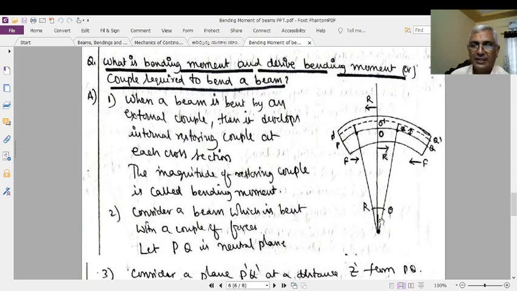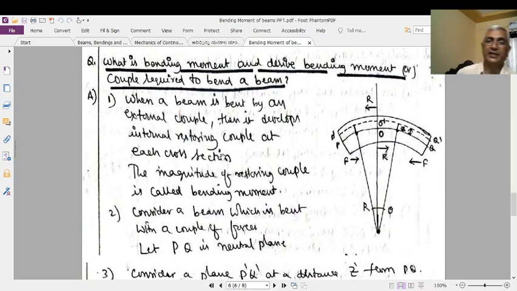Now this is the center of curvature of the bending. When a beam is bent by an external couple, it develops an internal restoring couple at each and every cross section.